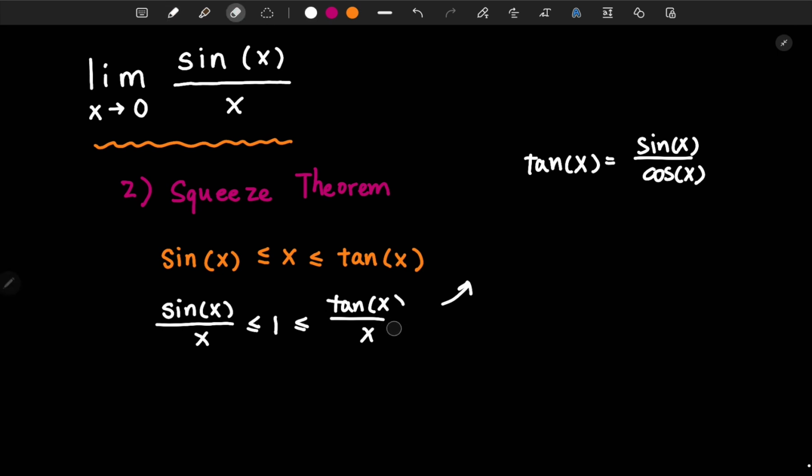So we can write the right side as sine x over x times cosine x.